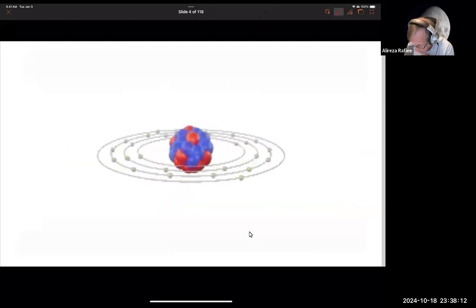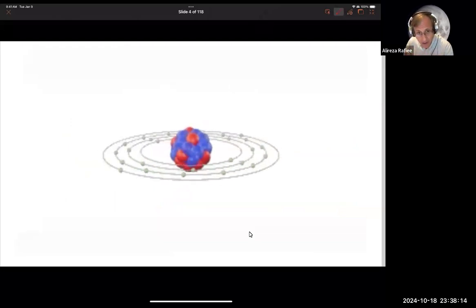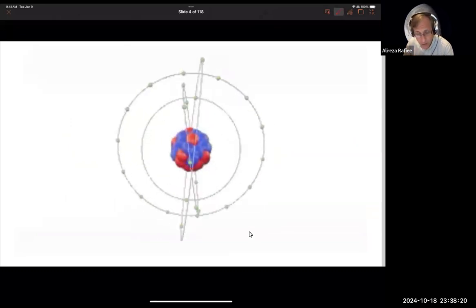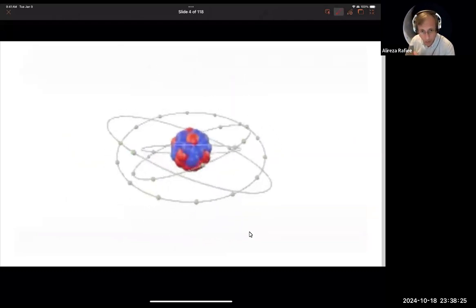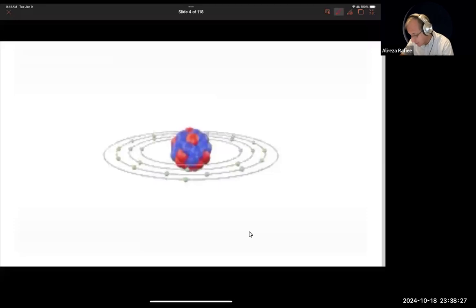Now, there are some models explaining how the nucleus and the electrons interact with each other. In general, we are going to stick with the classical model, which assumes that the electrons are particles rotating in circles around the nucleus, and the protons and neutrons are basically point-like particles in the middle of the nucleus.